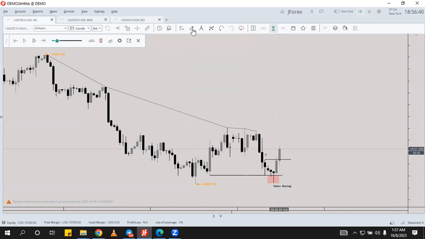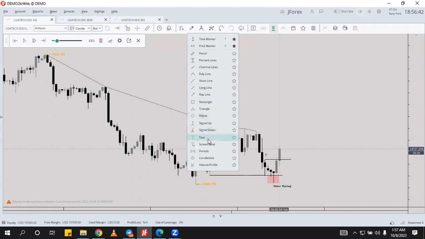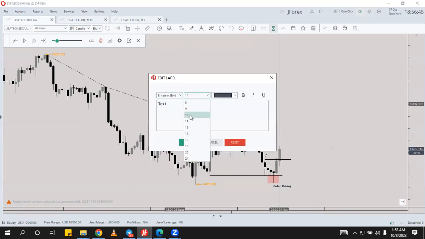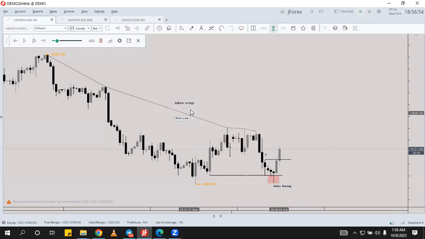Let me just mark it out. So these are what we call failure swings. Now, failure swings present us low resistance. They offer us low resistance liquidity, meaning price will easily break through these failure swings because we have low resistance right above them.